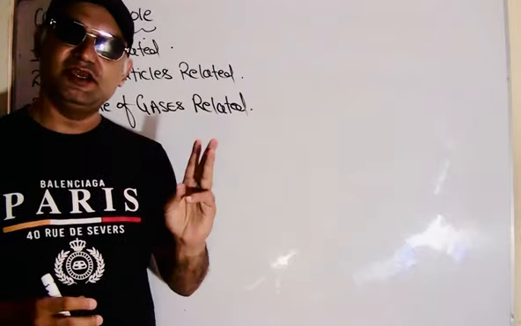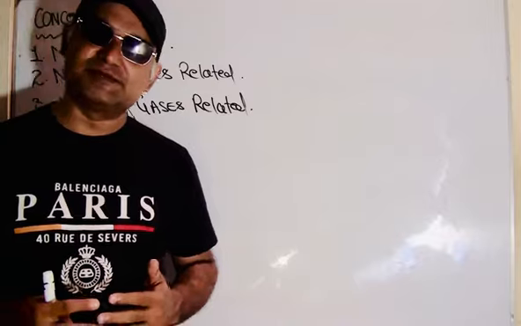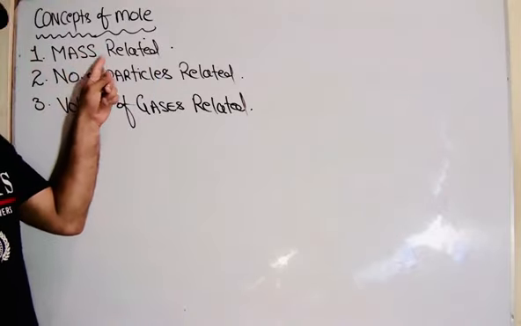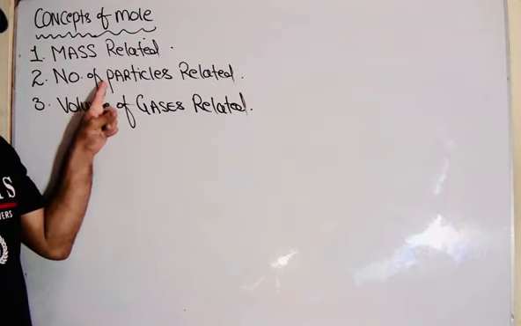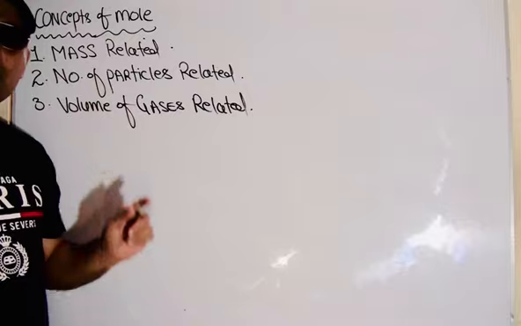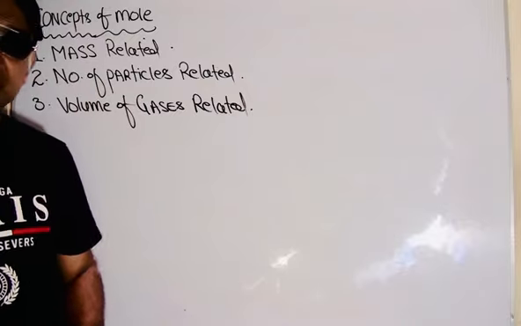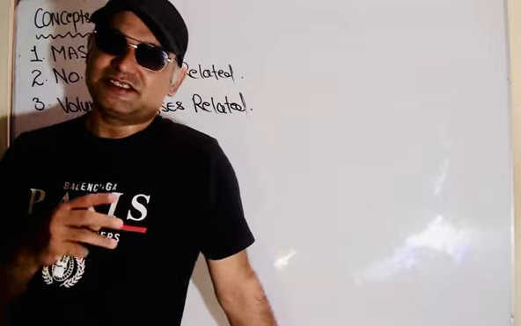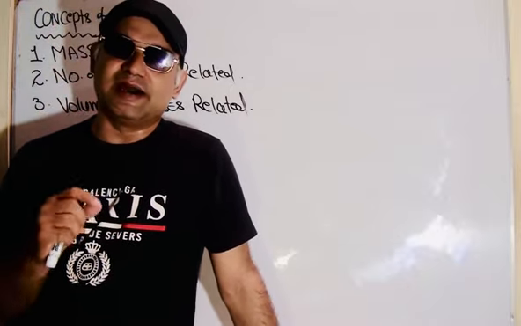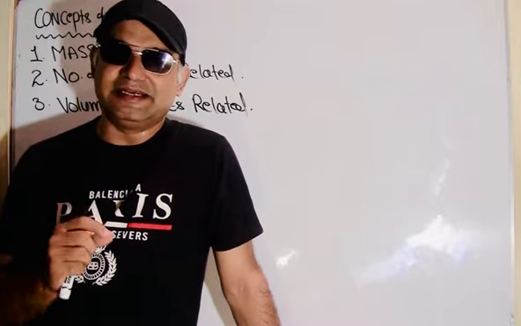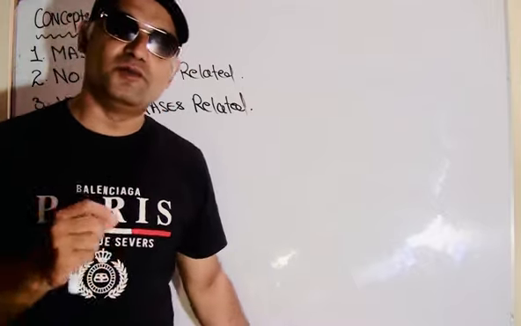So there are three related concepts of mole. First one is the mass related concept, second one is the number of particles related concept, and third one is the volume related concept of mole. We will discuss the three concepts one by one. First of all, we will start with the mass related concept of mole.